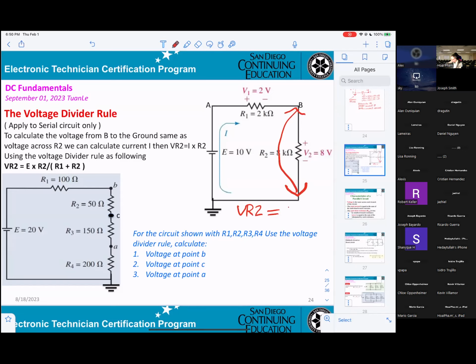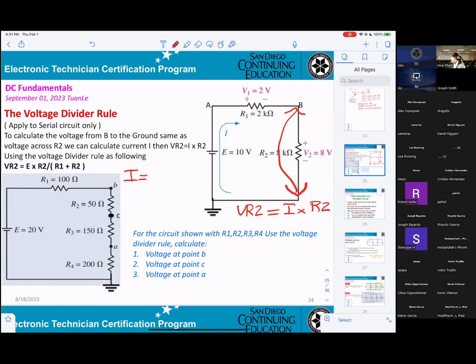Basically, you can say I times R2. Correct? VR will be equal to I times R. In order to apply this formula, you need to calculate the I. What does I equal?